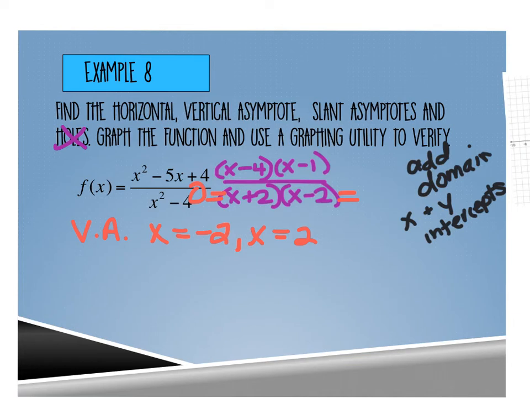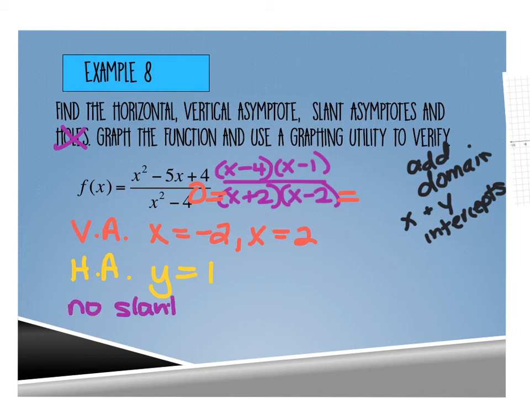Okay, horizontal asymptotes. What's the degree of the numerator? 2. And the denominator? 2. Same, which means we use the leading coefficients. So y would equal the leading coefficient in the top, which is 1, over the leading coefficient in the bottom, which is also 1. Is there a slant asymptote? No, so no slant.